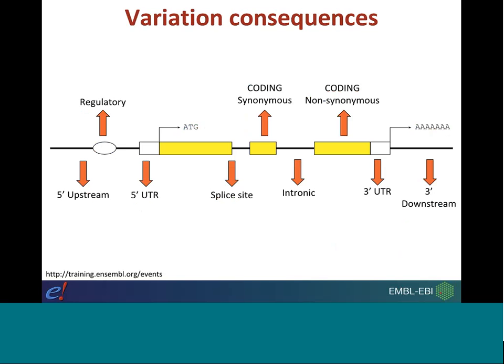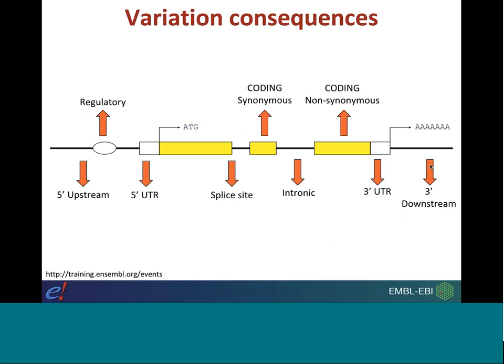So when we display and think about variants and variation data in Ensembl, we like to think of them in terms of their consequences. So where a variant falls along the genome in relation to the genes that exist in that region can be really important for the effect and the consequence that a variant has. So if a variant falls, for example, outside a gene, it could fall in the upstream or the downstream region.